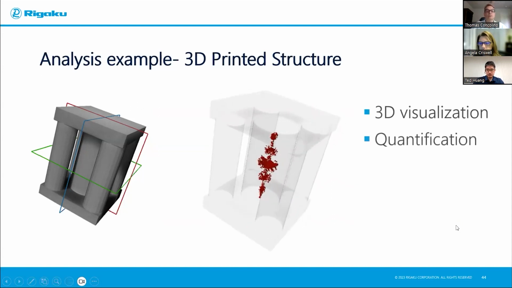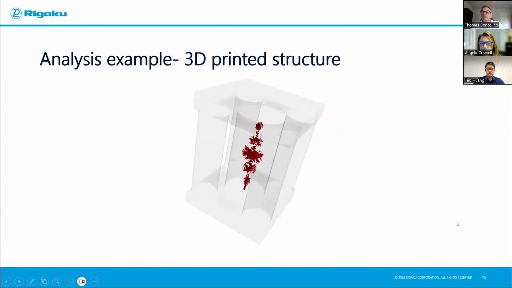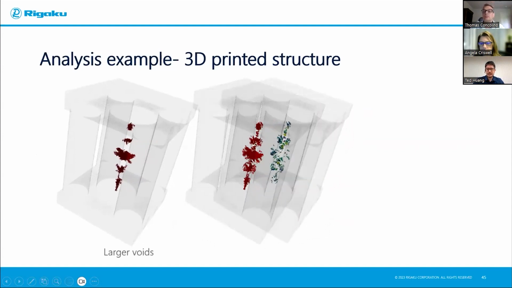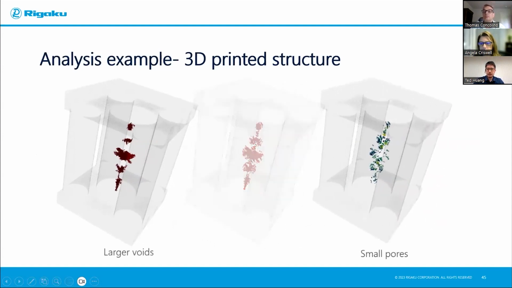We can also do quantification on these aspects. So we know that if we have very large pores or cracks, that's definitely a bad thing. But what about the smaller ones? Are they going to be a problem? Remember, we talked about Griffith's model, right? The sharpness and dimension of those smaller pores and cracks are going to be detrimental.